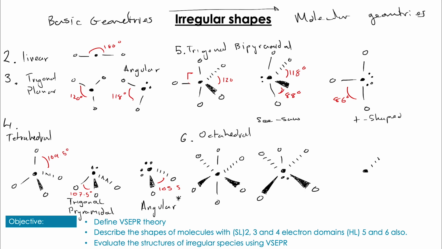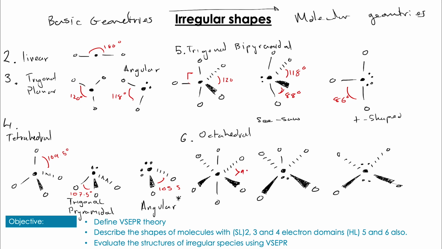However, if we have to replace 2 of these electron domains with lone pairs, then it does matter which ones we choose, as we're not going to want adjacent electron domains being replaced by lone pairs. They're going to have to be opposite, because that reduces the amount of lone pair repulsion. Remember, lone pair repulsion being the highest level of repulsion that we have compared to lone pair bonding pair repulsion.